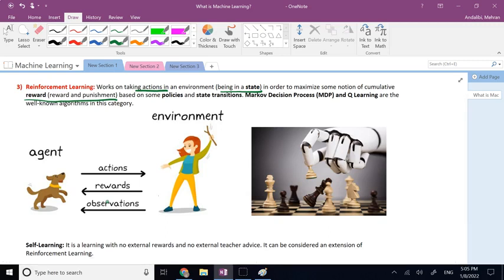So what are the major terms and terminologies? You are somewhere in a state, in a position, in a situation. You take some actions. These actions will take you from one position or state to another state. And this is called state transition, right? For example, if you are playing chess, if you are in cell A3 and you take a straight move forward, you go to cell A4, correct?